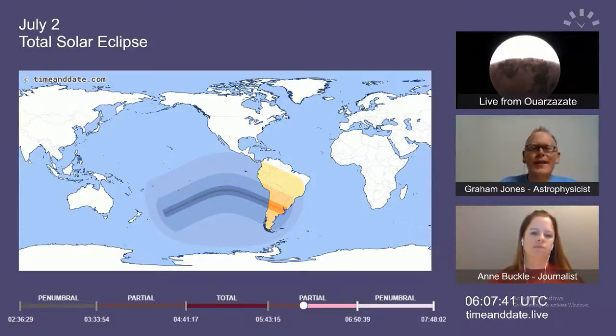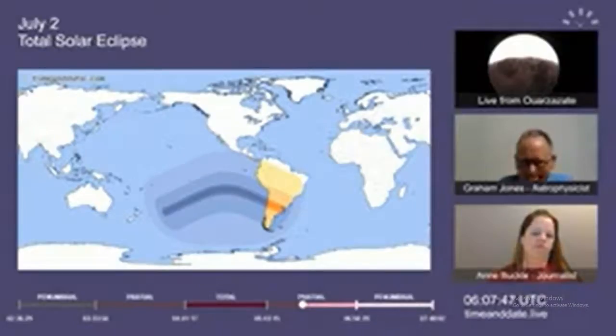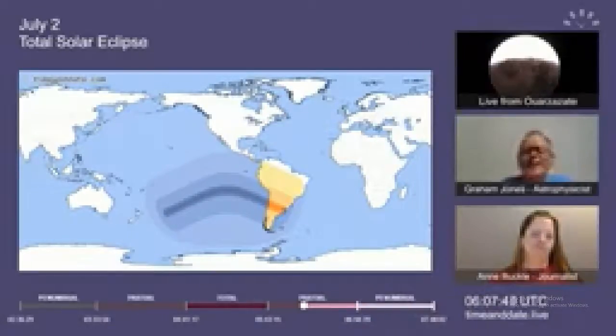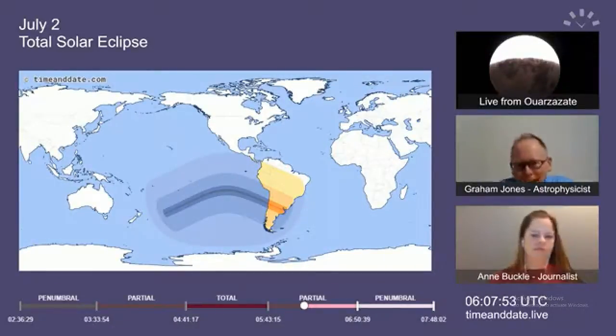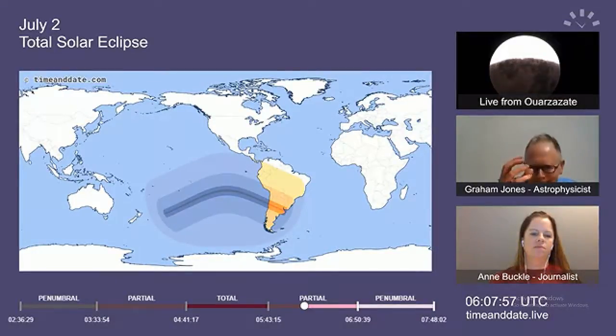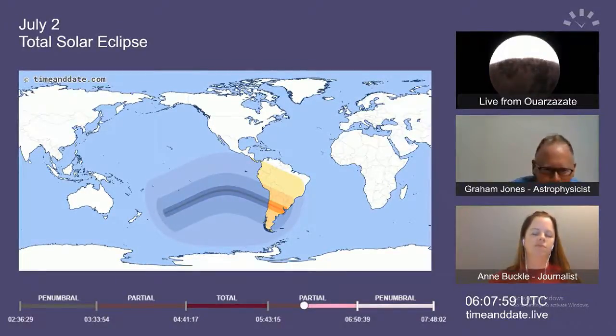Whereas the Moon is much smaller, and its shadow is much smaller as it extends out into space. By the time it reaches the Earth, the darkest part of the Moon's shadow, the umbra, has narrowed to just a very narrow strip of about 100 kilometers wide. That's as small as it's got by the time it reaches the Earth.